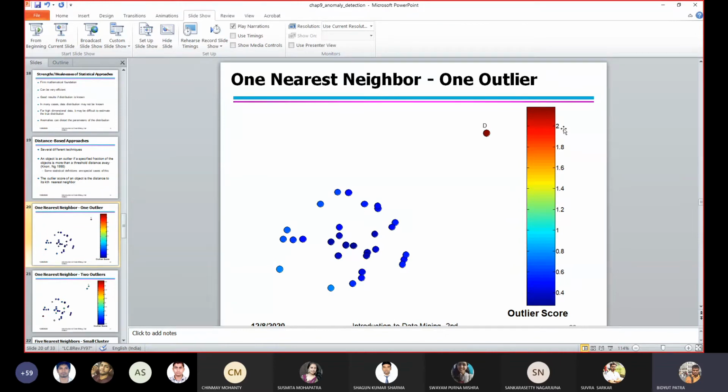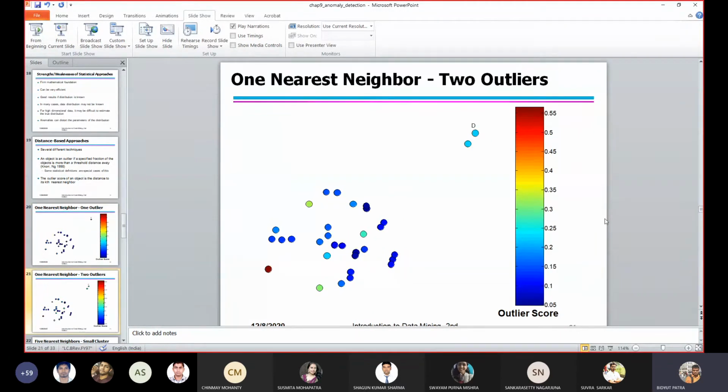For this point the outlier score is 2, and for this point it is 0.4, and then you choose the top few points as outliers. Here, this point may also be treated as an outlier because its k nearest neighbor distance, with k value 1, is also quite high. Now you move to this diagram with 2 outliers and 1 nearest neighbor.